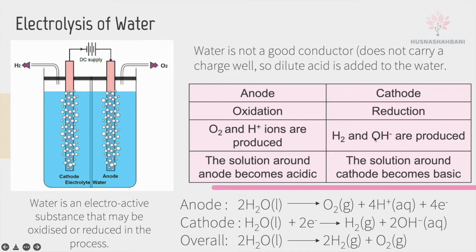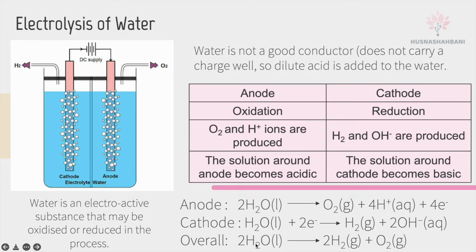Since there is production of H2 and OH- at the cathode, the solution around the cathode becomes basic due to the presence of OH-. So around the cathode it becomes basic, around the anode it becomes acidic.